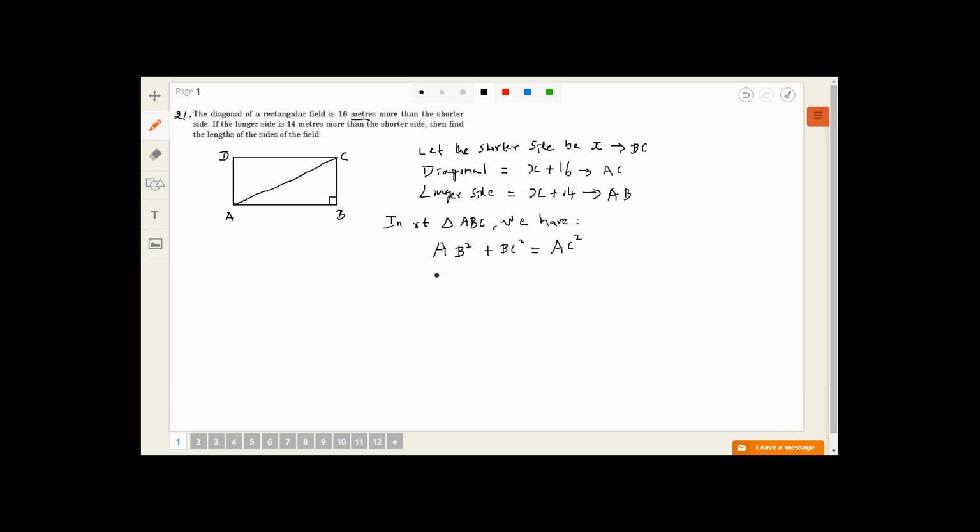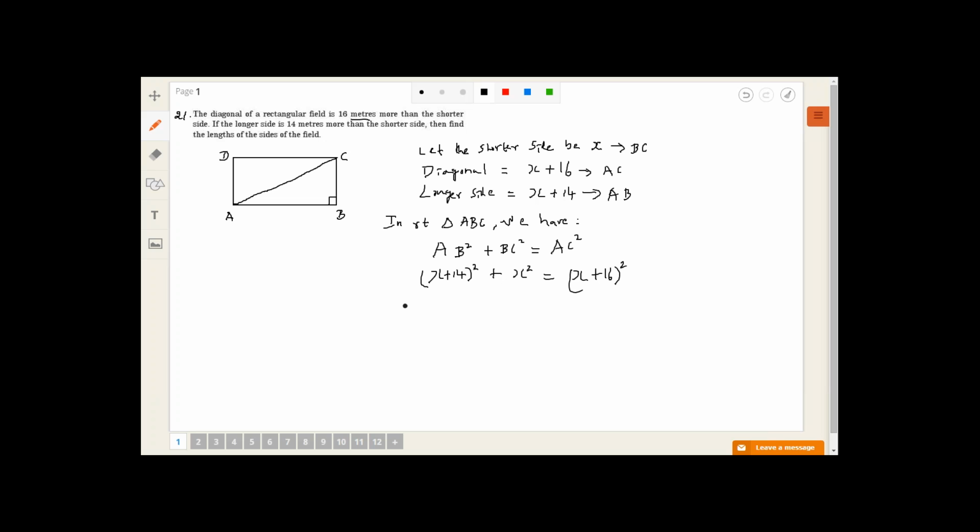Now AB square will be nothing but X plus 14 the whole square, plus BC square will be X square, which is the shorter side, and AC will be equal to X plus 16. Substituting the values, we get the equation X plus 14 the whole square plus X square is equal to X plus 16 the whole square.